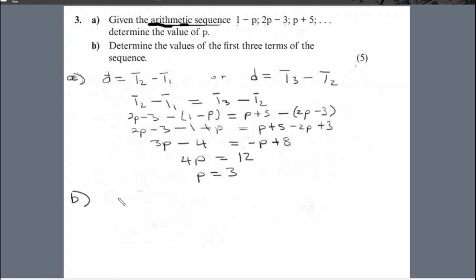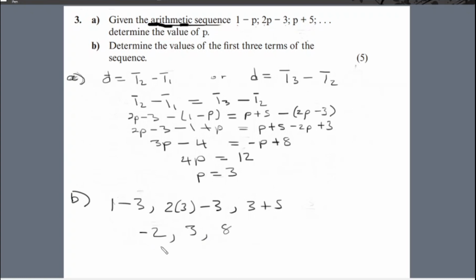So we will have 1 minus 3, 2 times 3 minus 3, and 3 plus 5. Therefore the first 3 terms of the sequence are: 1 minus 3, it's minus 2. 2 times 3 is 6, minus 3 is 3. 3 plus 5 is 8, right?